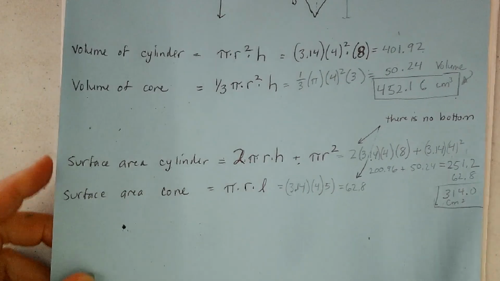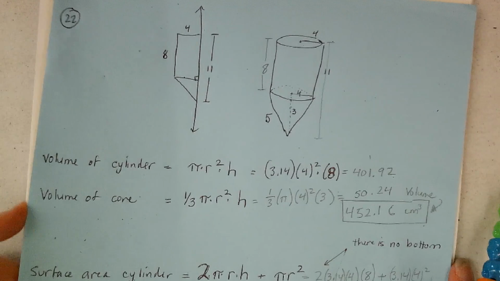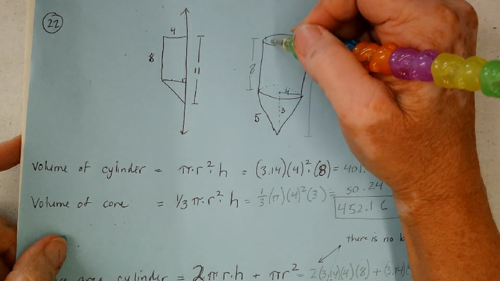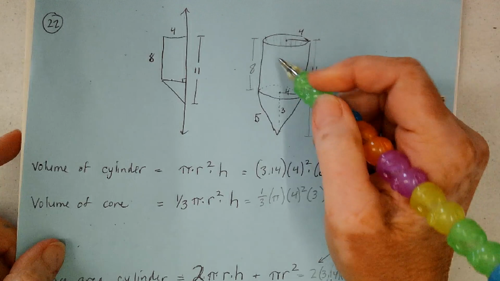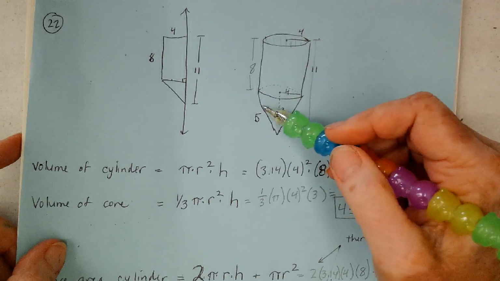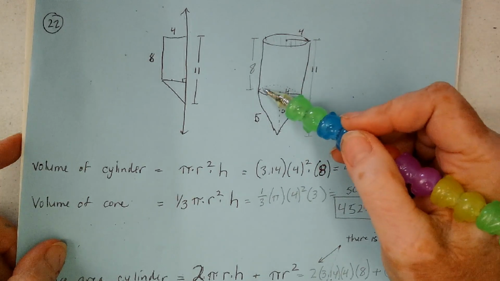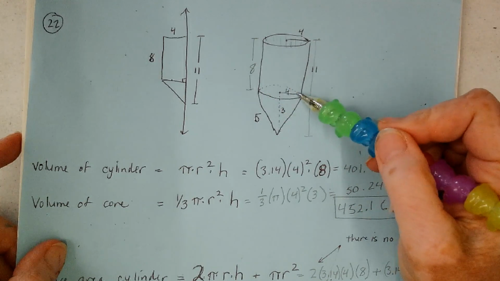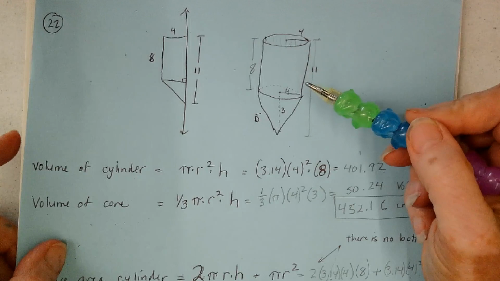Okay, and then surface area is how much, like if I wanted to cover this up in wrapping paper, how much paper would it take to cover the whole thing? Well, I'm not going to count this bottom part, this little piece right here, because it's not exposed.